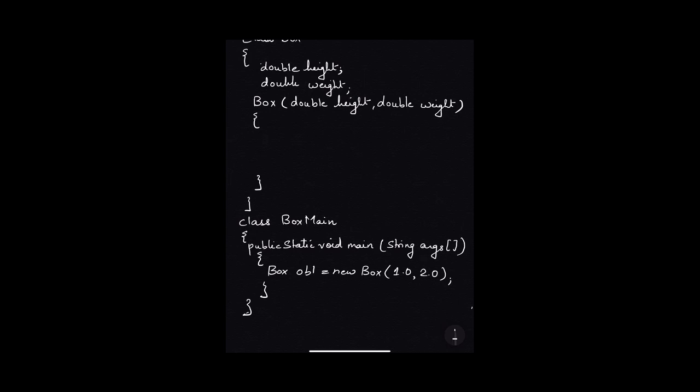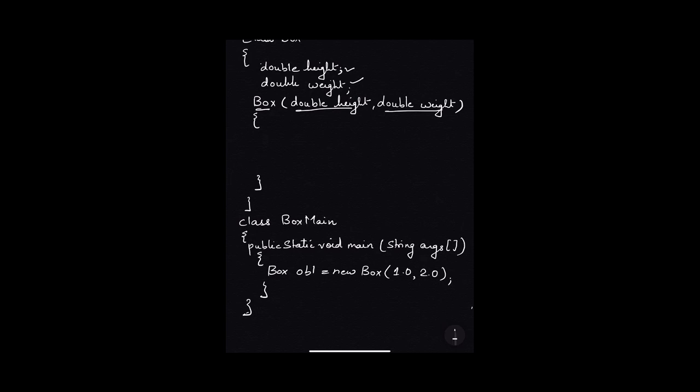Now, consider this scenario. You have a class box in which you have two instance variables, height and weight. You have a constructor box that is a parameterized constructor, meaning it takes two values and assigns these values to height and weight.